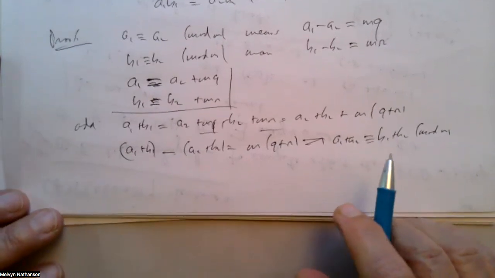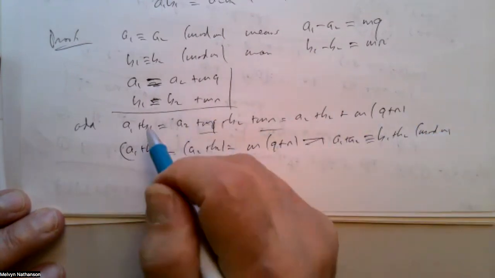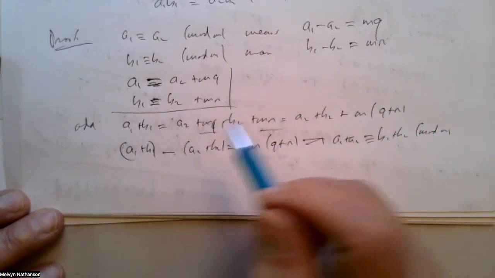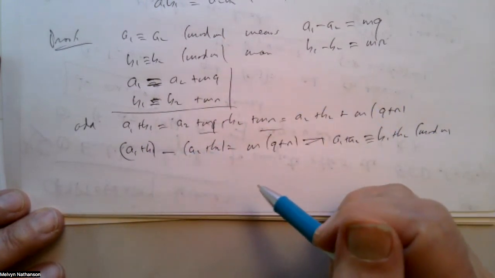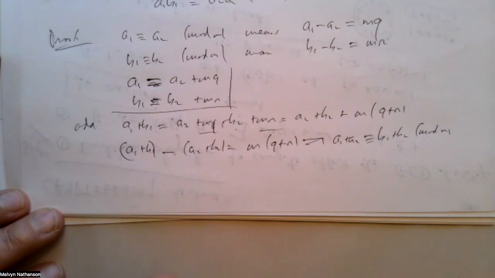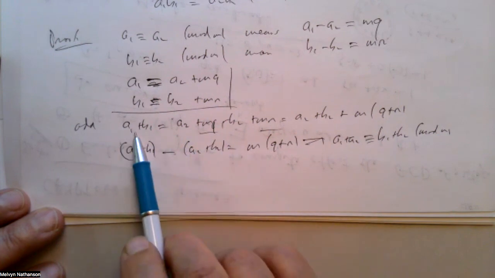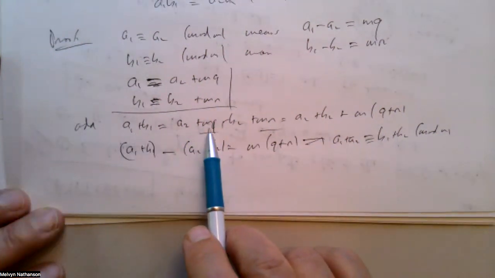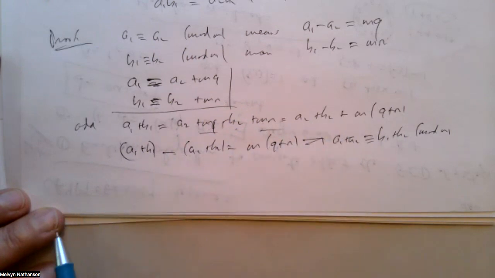And if I subtract, I would get A1 plus B1, sorry. Here I add, I get this. A1 plus B1 equals A2 plus MQ plus B2 plus MR is equal to this.